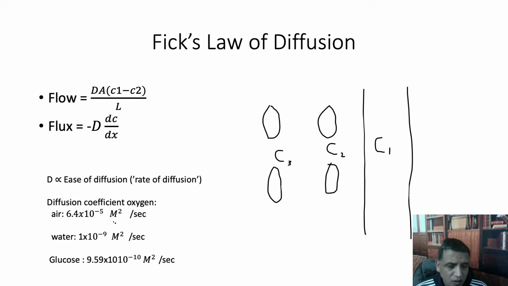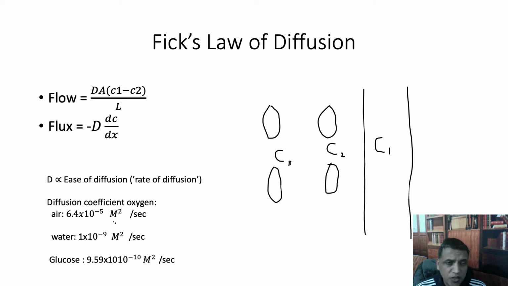So let me illustrate this with an example. Point C1 is within the capillary. Point C2 is the closest cell to the capillary. Point C3 is the cell furthest away from the capillary.